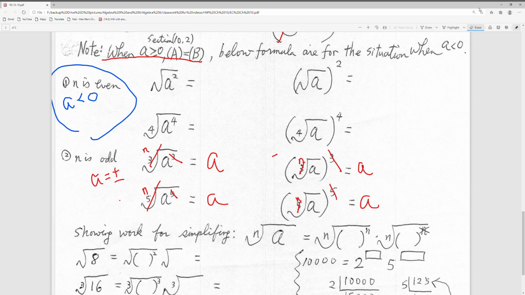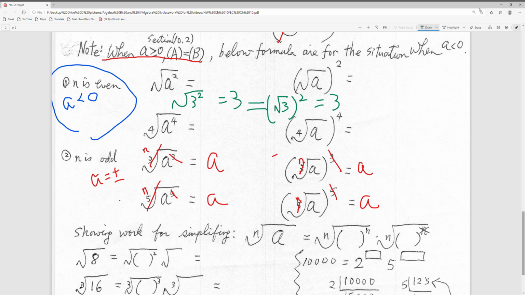Let me give you an example. If you have the square root of 3 squared, that is 3. The square root of 3, with the square outside, is also 3. There's no doubt because they are all positive. So these two are equal.